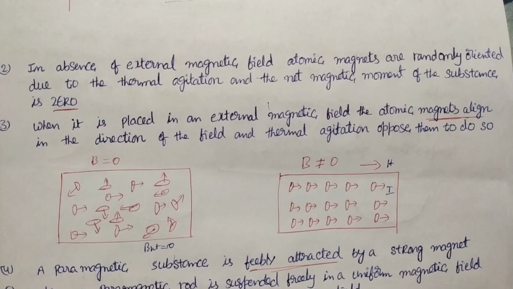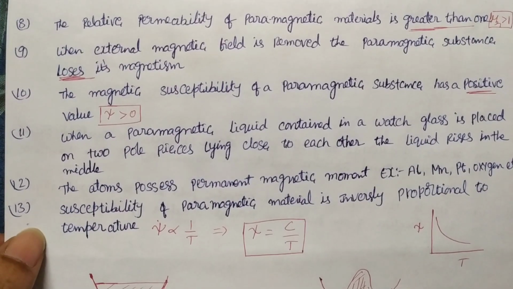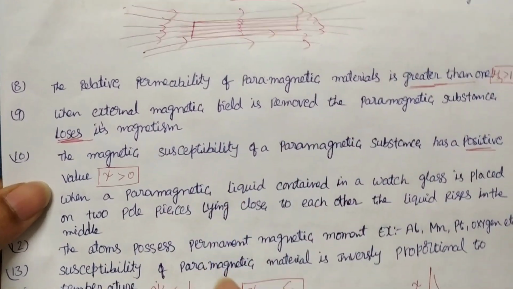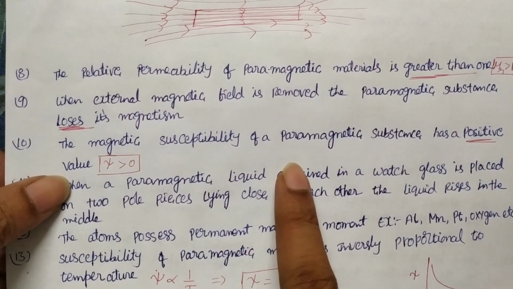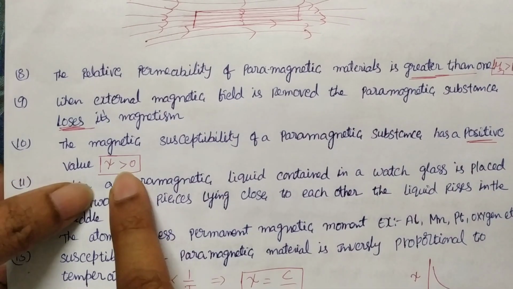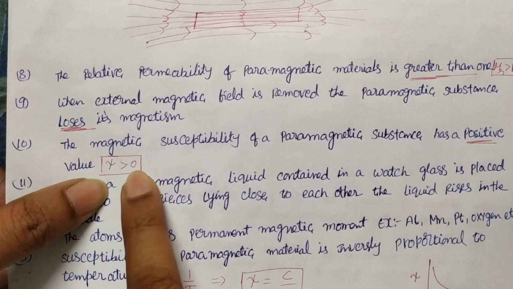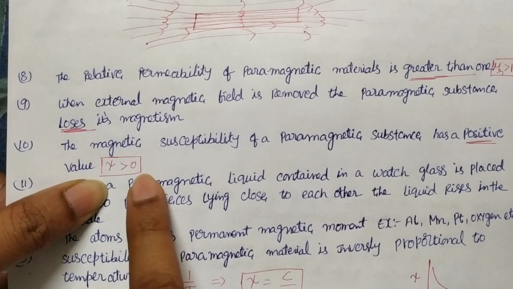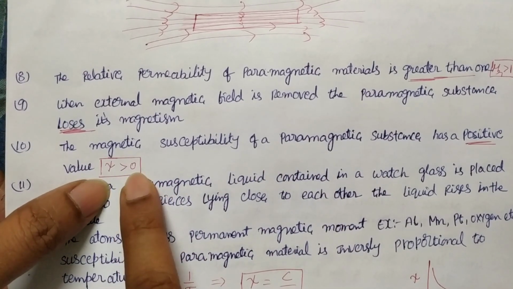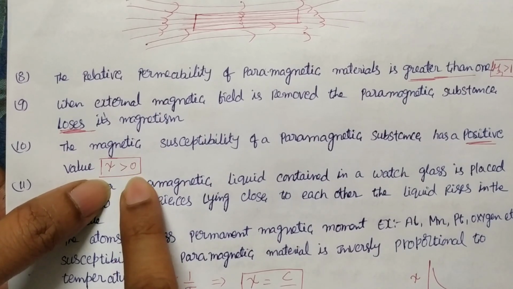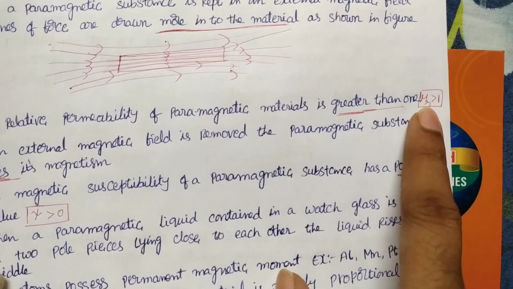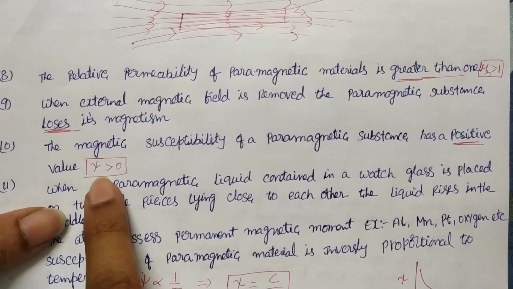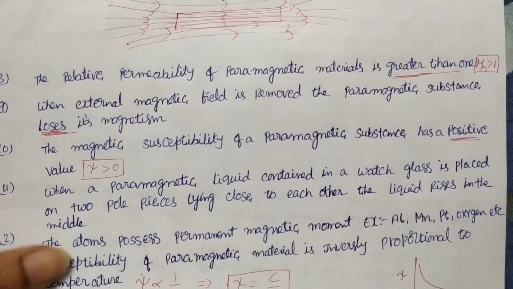Diamagnetic is also the same. The magnetic susceptibility of a paramagnetic substance is positive, a little greater than 0, while it is negative for diamagnetic material. Here greater than 0 means a positive value. Mu r is less than 1 for diamagnetic, here more than 1, and susceptibility is greater than 0.